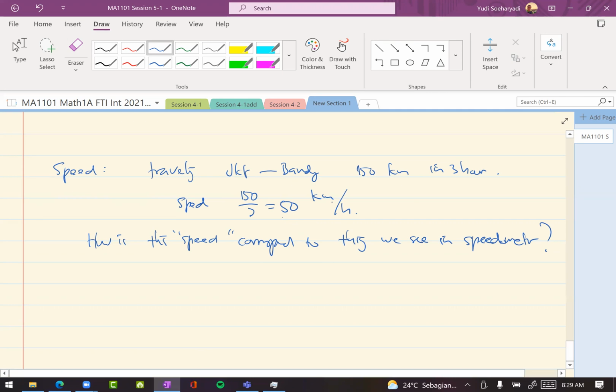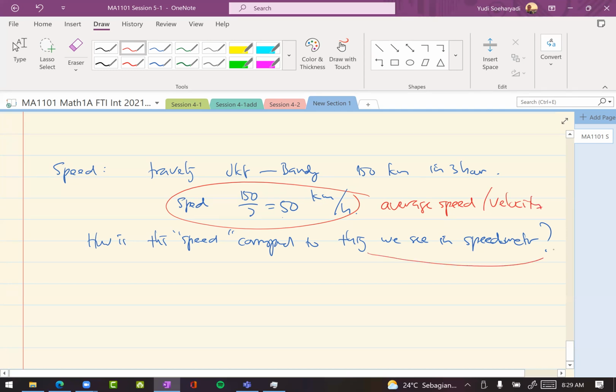So this is what we call the average velocity, average speed. And what we see in the speedometer is what we call instantaneous velocity.